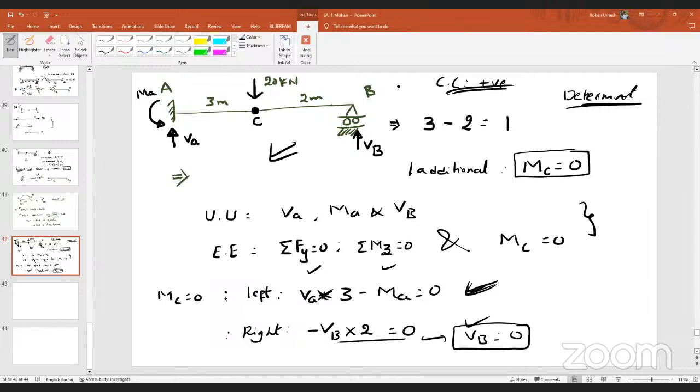That's an additional equation. Take it from the additional equation. Okay.